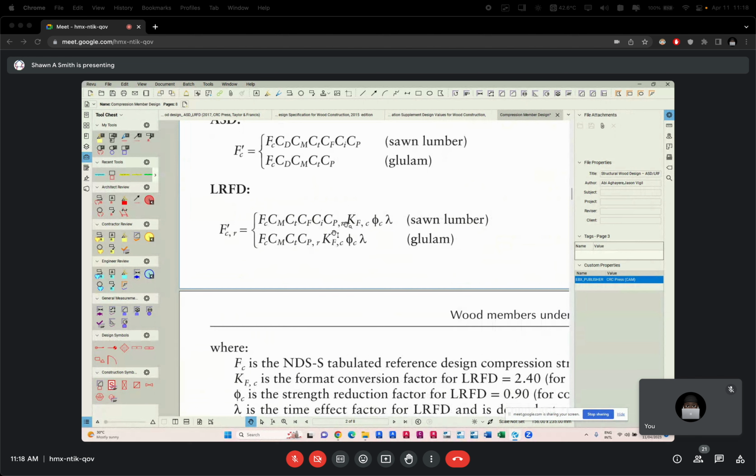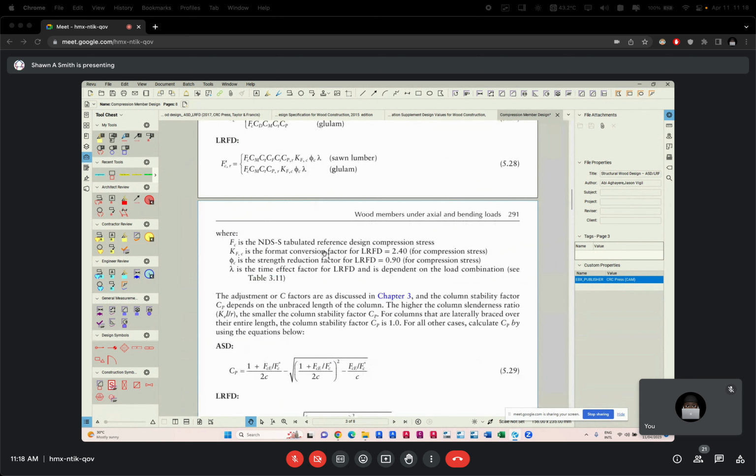Like I said before, it's the same thing up top, but these now come because this is the resistance factor, and this is the time effect factor. Similarly, for the glulam, it is the reference value times all this like up here, and then this comes into play. These come into play because you're moving from ASD to LRFD. And it gives out the definition of what each value means up there.